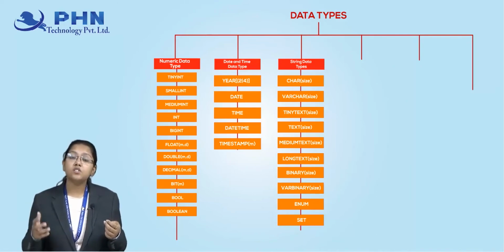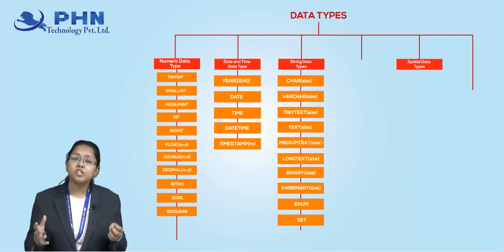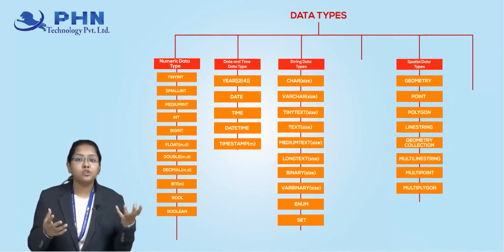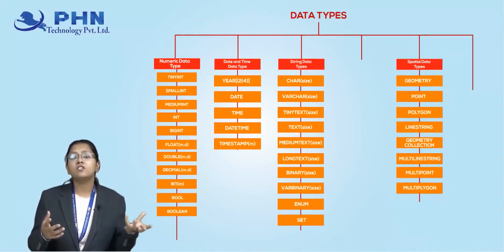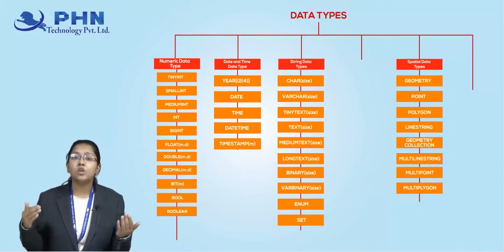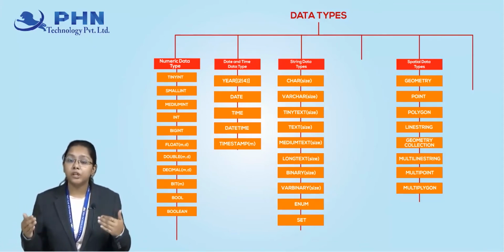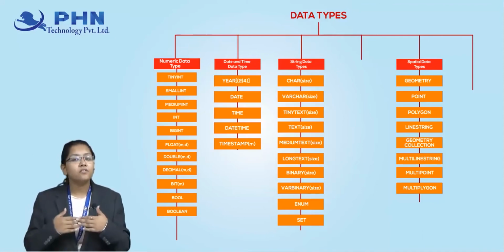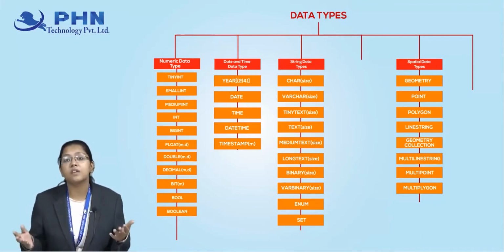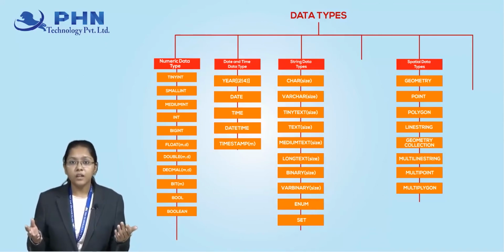Now another is your spatial data types. What do spatial data types mean? All the data of your geolocation will get stored in your spatial data types. It happens that you have to store a particular person's location. There are various kinds of data types and various kinds of databases in this, right?